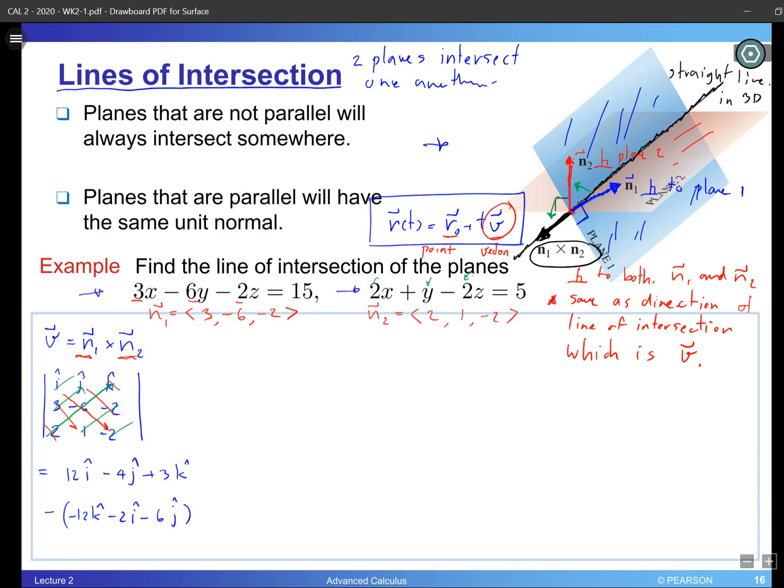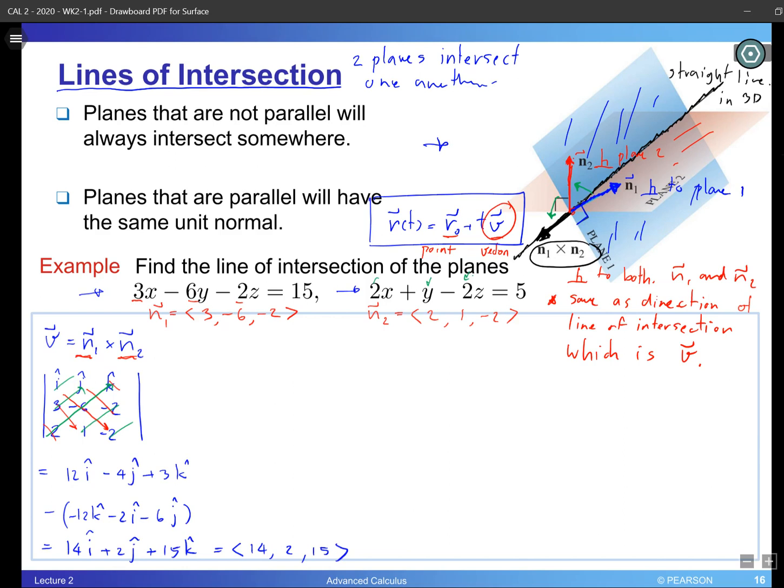So here we have 12 plus 2i, that becomes 14i. Next one, minus 4j plus 6j, so we have plus 2j. Last one, 3k plus 12k, we have plus 15k. So this is equal to 14, 2, and 15.